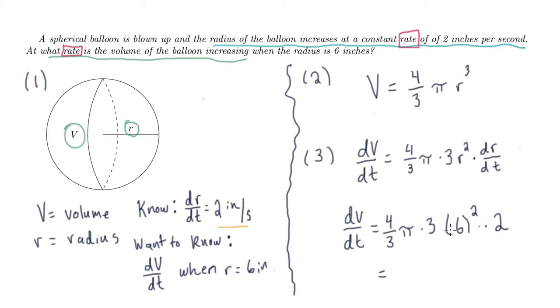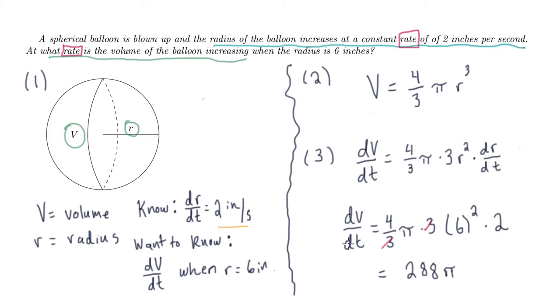Well, the 3's will cancel, and we have 4 pi times 36 times 2, so 72 times 4, that's 288 pi.